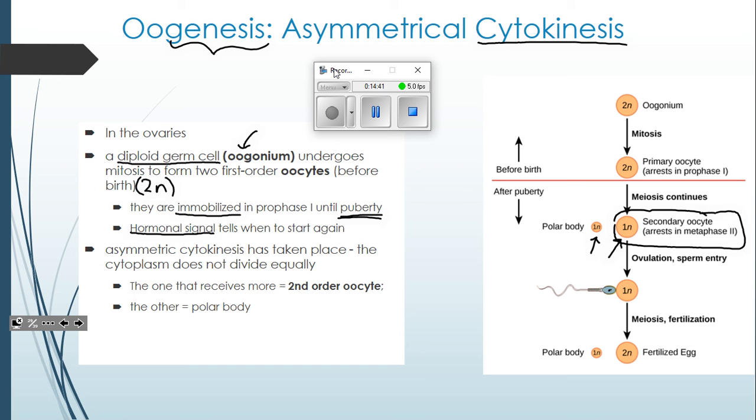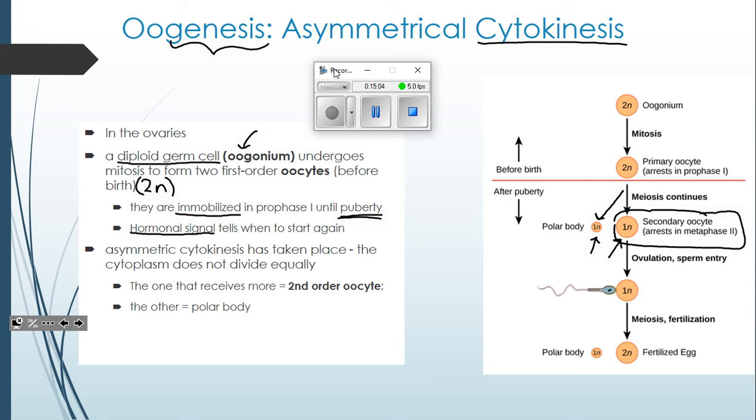The other cell that got made during meiosis 1 is called a polar body. The polar body receives basically no cytoplasm, but it does receive half of the chromosomes. So we've achieved the purpose of meiosis, reduction division, right?